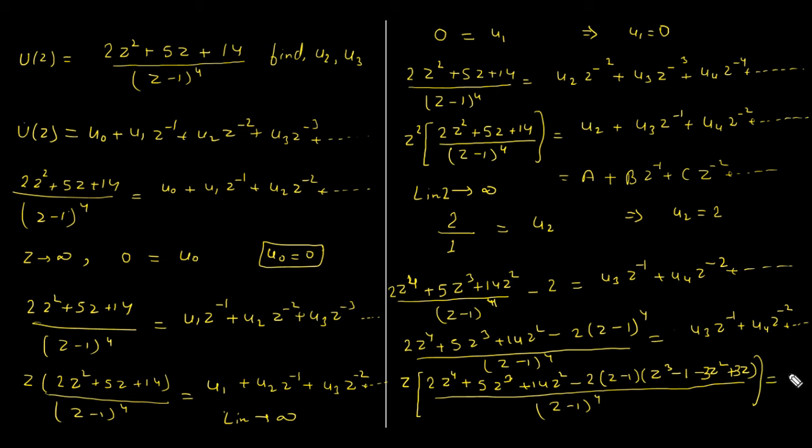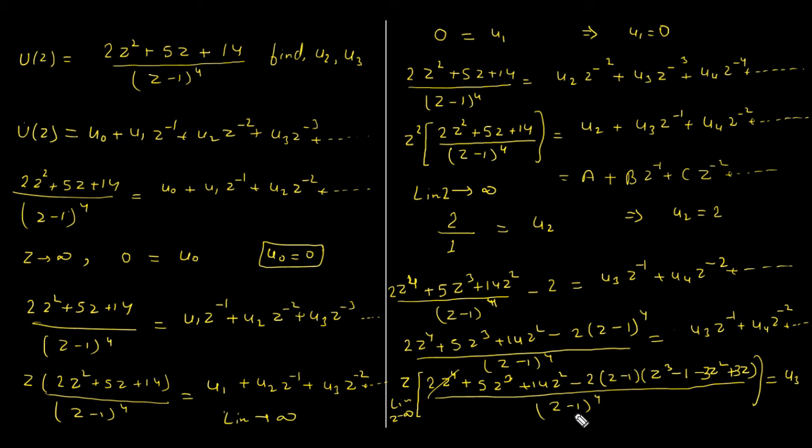Okay, and here it is u3. Just put the limit z tends to infinity, so the remaining terms will become 0. We just need to calculate the highest power of z.